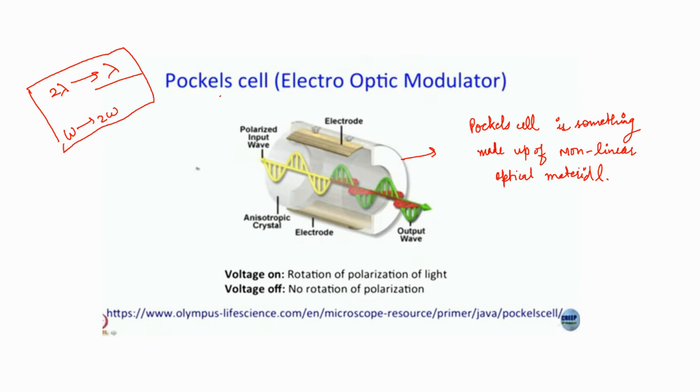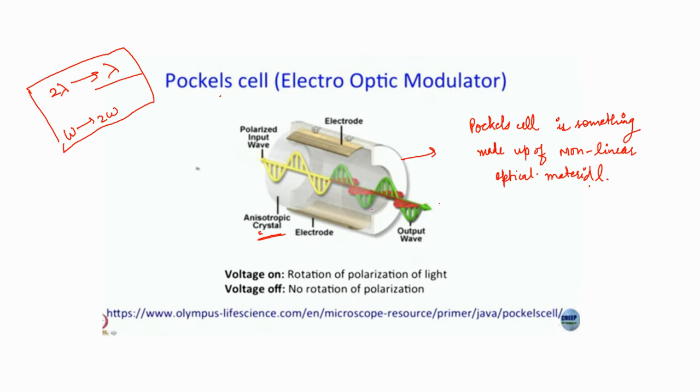We are talking about the Pockels cell. It is a medium made up of some nonlinear optical material. Now suppose we input a polarized wave through it. This is an anisotropic crystal, which we call a nonlinear optical material. Anisotropic means the arrangement of the molecules within the crystal is not in the same pattern, which leads to second order effects.